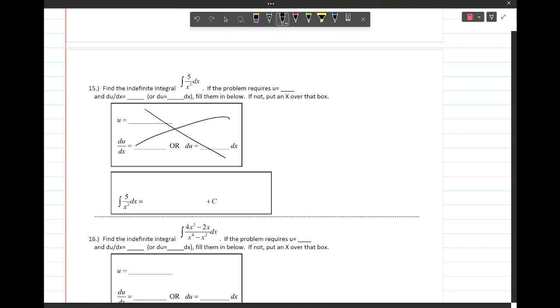In this case, we're going to put x over this box because the integral is just this, and it gives us: increase the exponent by 1, divide by the new exponent, and then that gives us u.